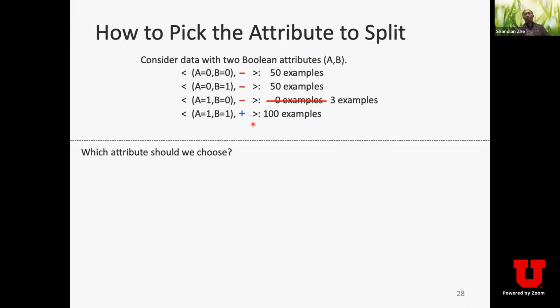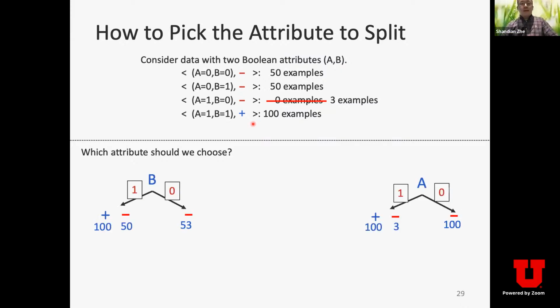Now, if we want to compare A and B in terms of label purity, let us take a look.